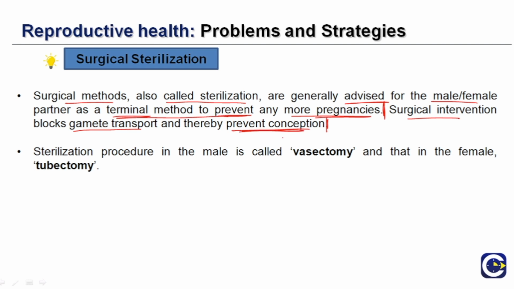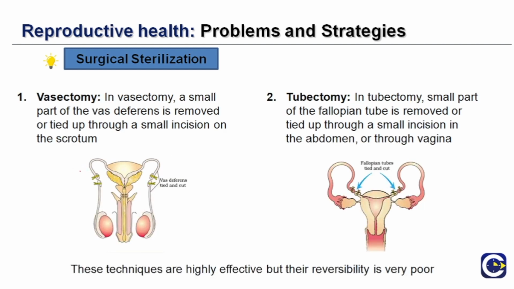They are advised only as a terminal method, for people who do not want to have any kids at all, or who do not want to have any further kids. The sterilization procedure in the male is called vasectomy, and in females it is called tubectomy. Now we will look at each of these.